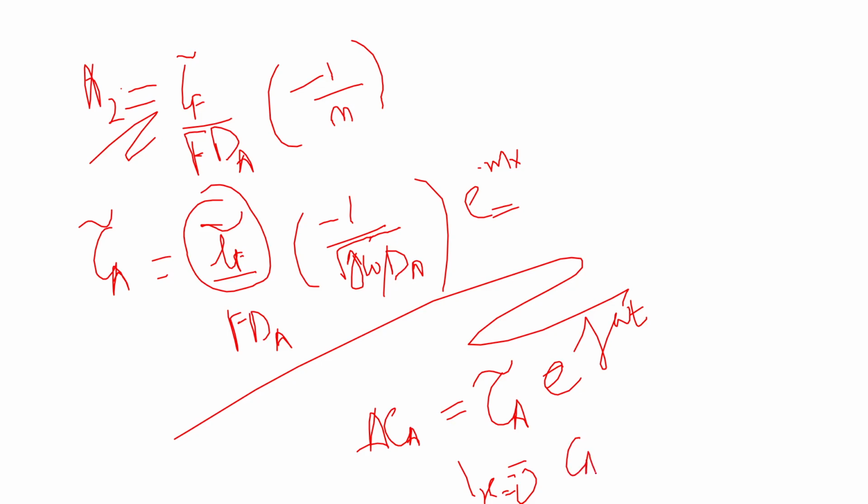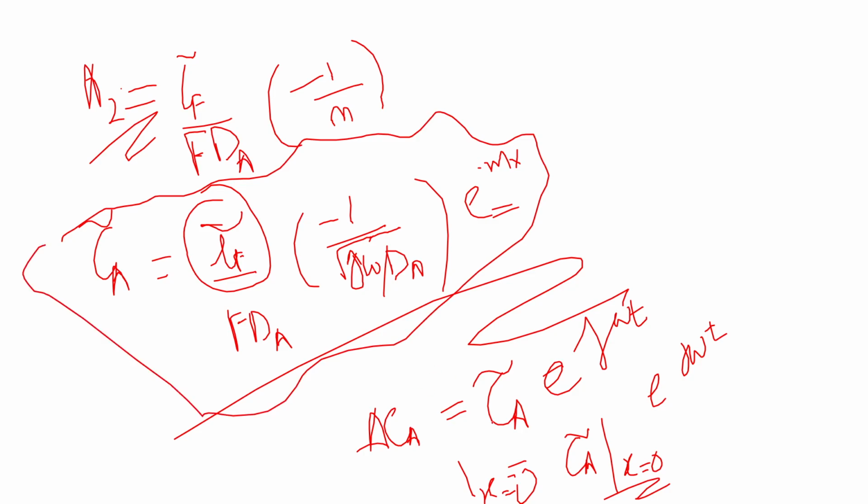So you will have Ca at x equal to 0, e raised to j omega t. What is Ca bar? You know what is Ca bar, this term, right? And at x equal to 0, this term will go, e raised to minus mx will become 1. So I'm writing this in the next page.